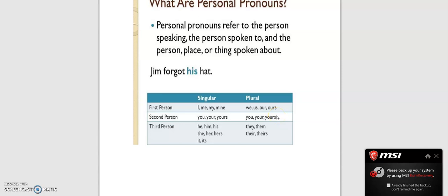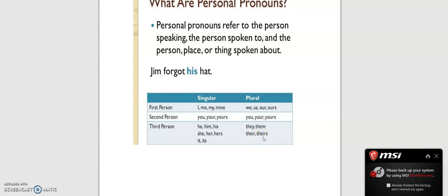Now, here, what you need to pay attention to is that you is a pronoun which can be used for singular also and for plural also. It does not change. Now, for third person, he, him, his, she, her, hers, it, its in the singular, and they, them, their, theirs in the plural.